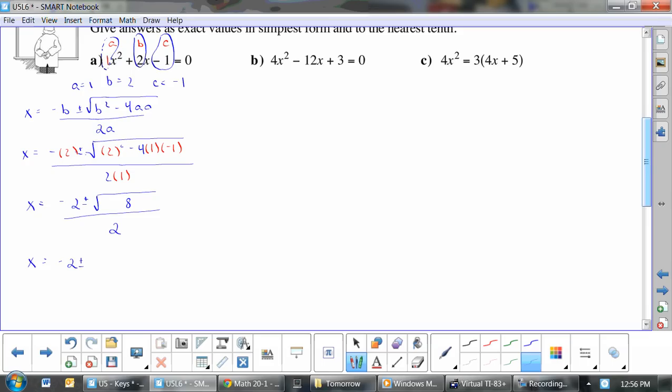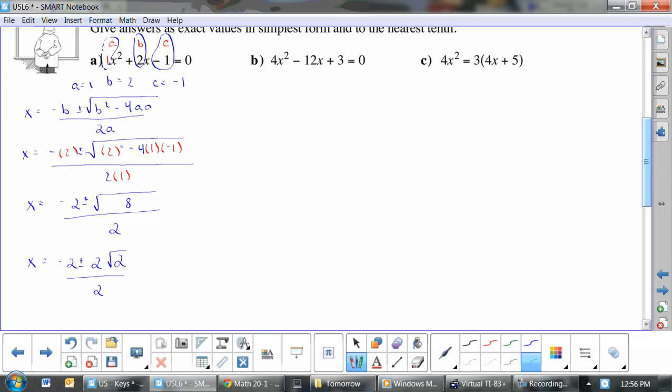What can the square root of 8 be simplified to? Someone with a hand up. Kelsey? Yeah, so we want 2 root 2 because we want to keep it in exact values, right, Andrew?